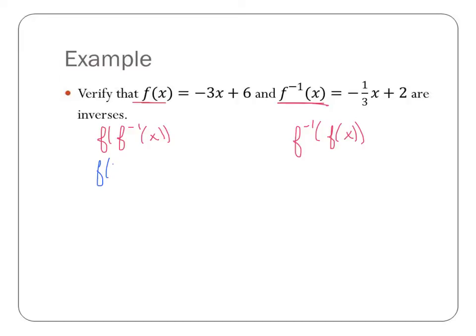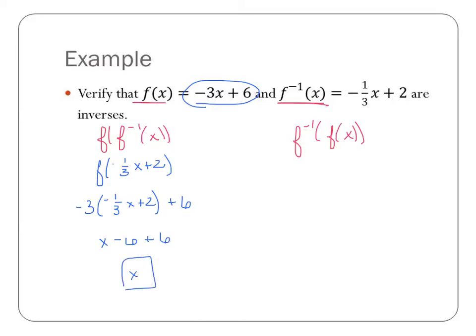We're going to do f of negative 1/3 x plus 2. And so we're going to input that then into f of x. So this is going to be negative 3 times negative 1/3 x plus 2, plus 6. Distribute the negative 3, and we're going to get x minus 6 plus 6, and that is x.